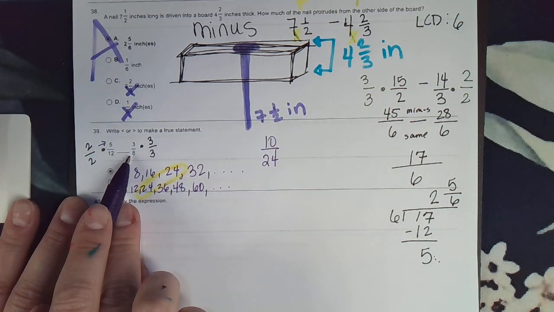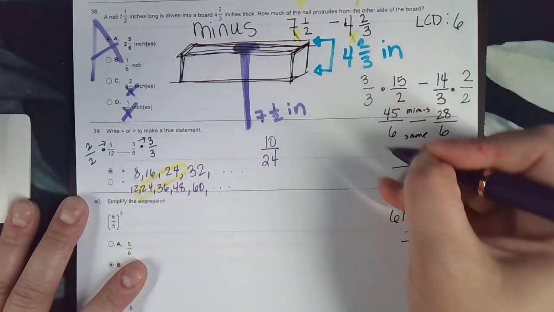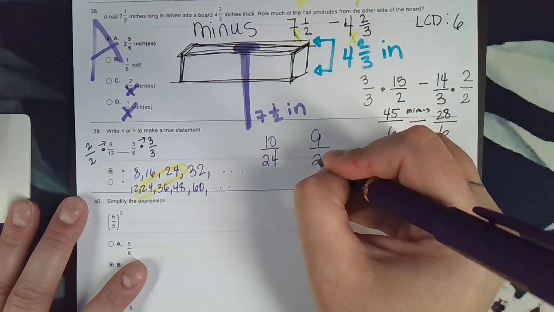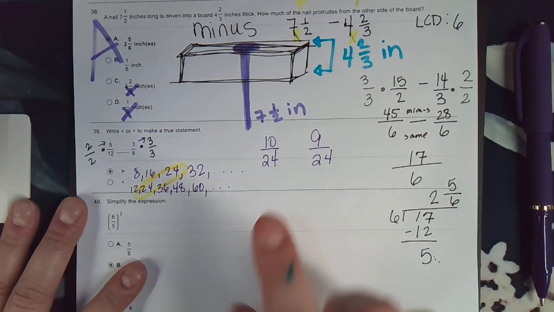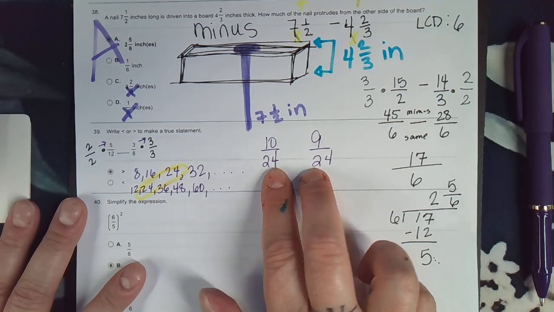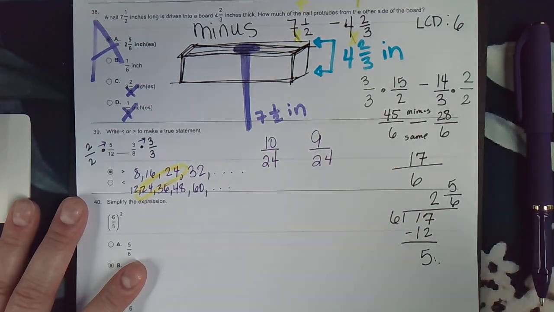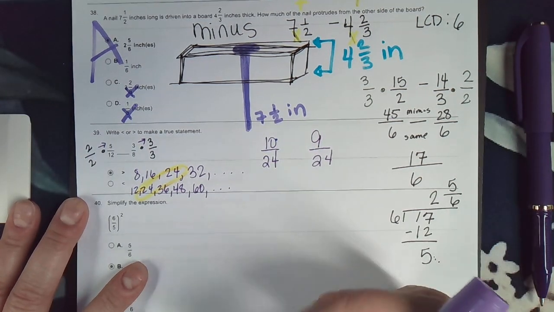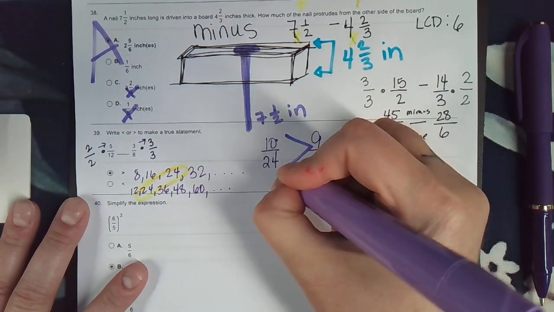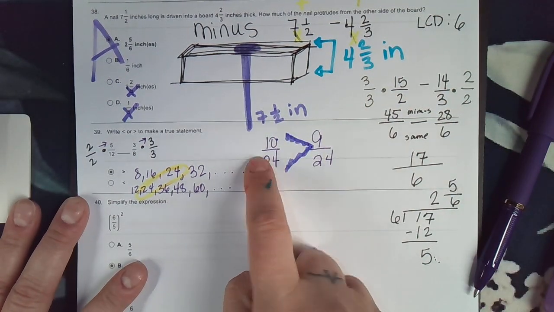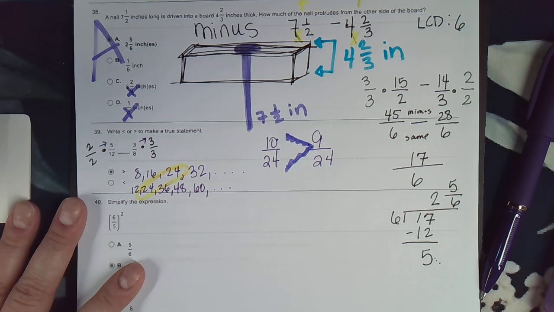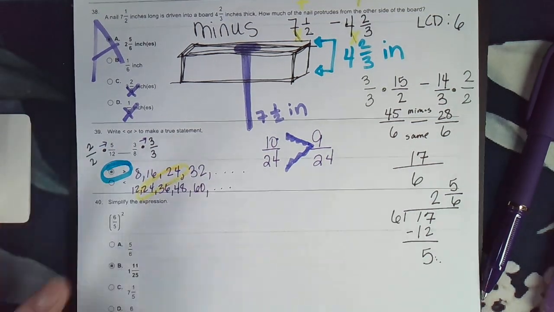And then on the right side, we have 3 times 3, 9 over 24. Okay, which one's bigger? Now that their bottoms are the same, we can just look at the top. And the 10 is way bigger than the 9. So the alligator needs to eat that 10. Okay, so it's the first sucker, A.